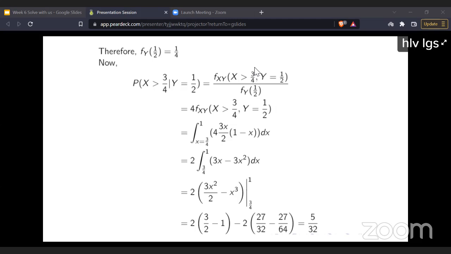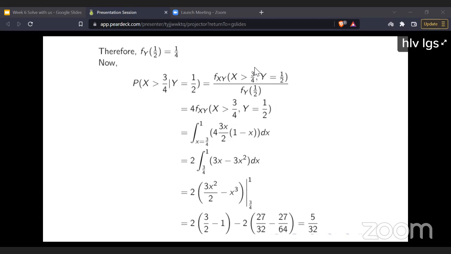Now, if you look at the numerator part, you are just integrating your joint distribution function with respect to x. What is the general idea behind the integration? Consider this as a function of two random variables.